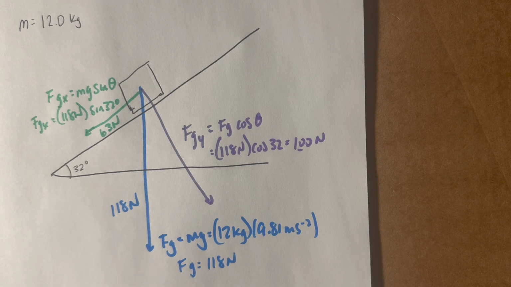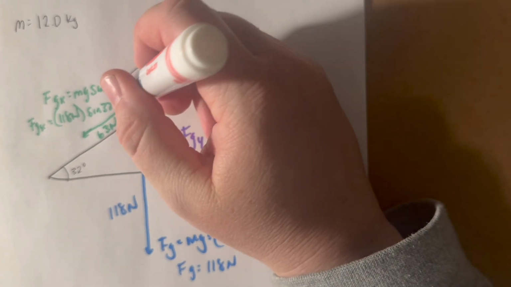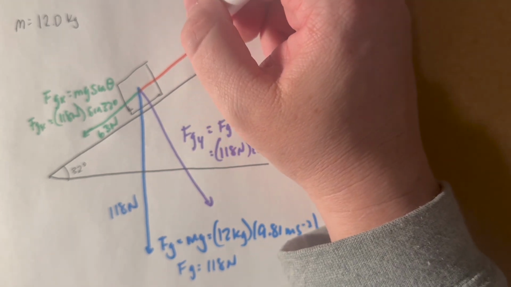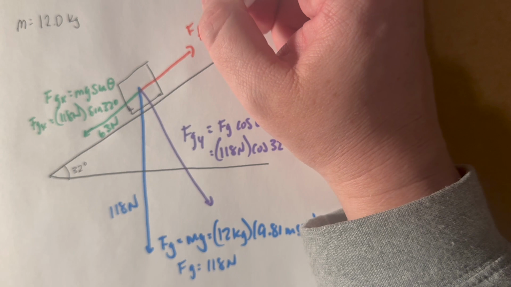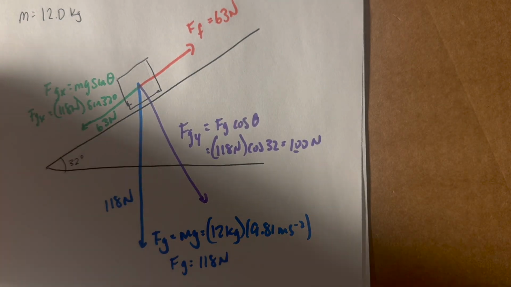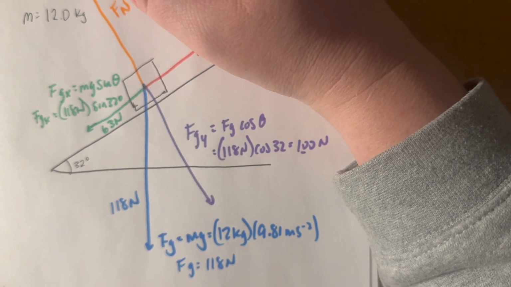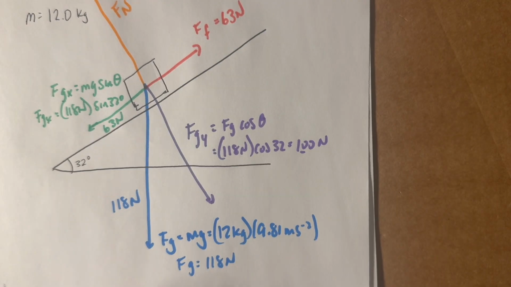There's a couple other things going on here where we also have friction going back. Now, if we don't have any net force here, which is what we're going to assume, our force of friction ends up being 63 newtons. And then also our normal force is going to be 100 newtons.